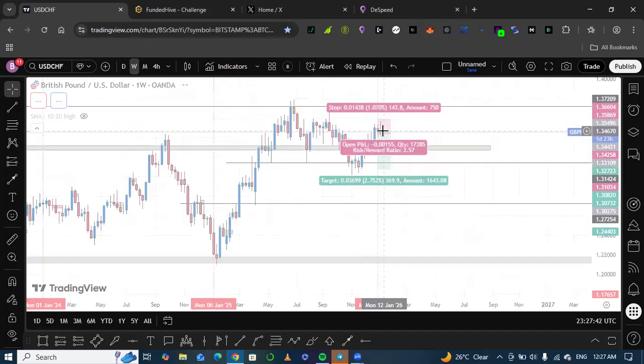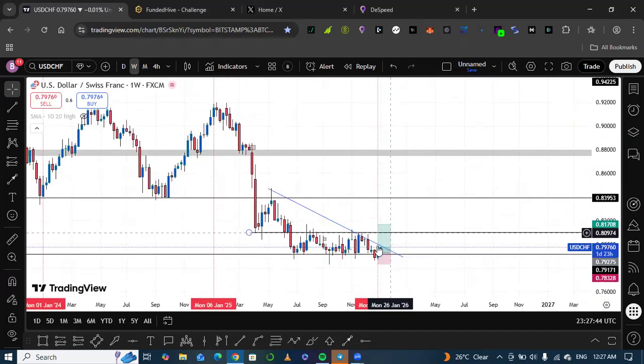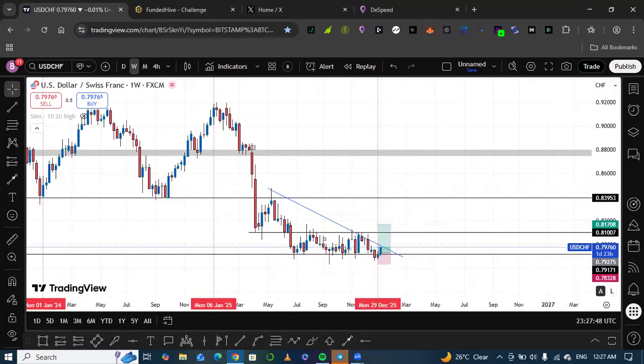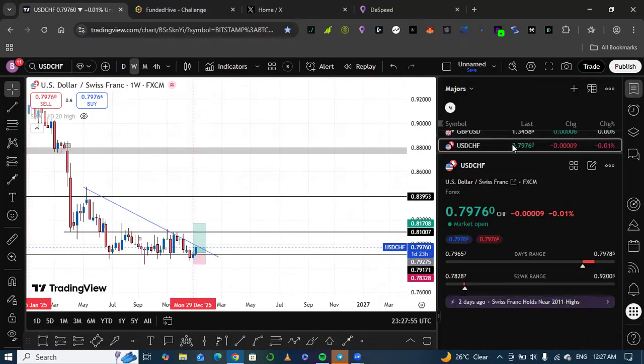Let me show what I mean. As you can see, USD CHF has already completed its leg and has already started showing signs of bullishness, but GBP/USD is still lagging behind. But like I said before, if DXY is ready, other pairs are ready.